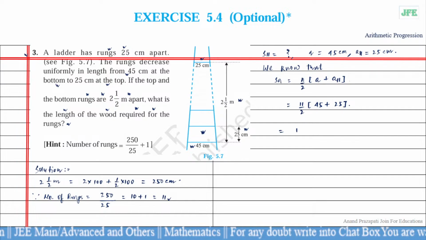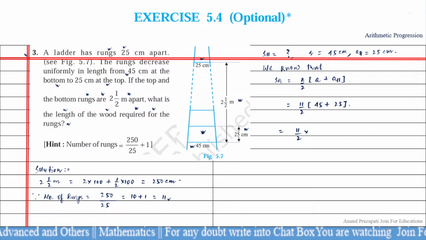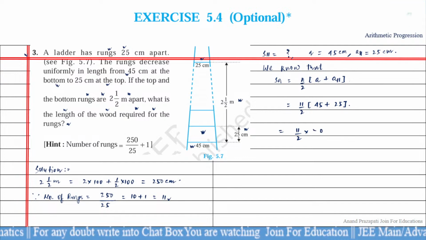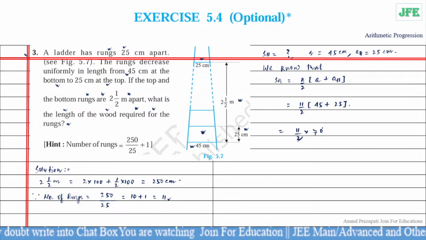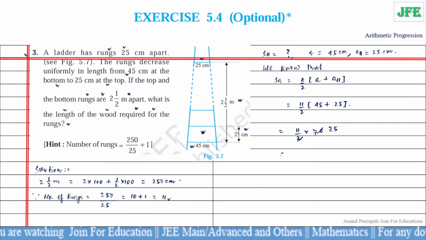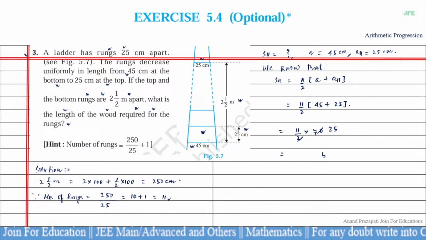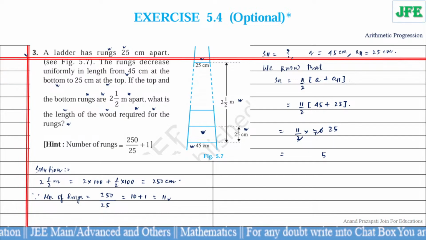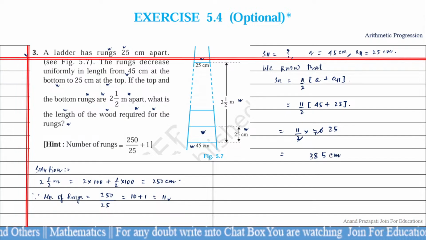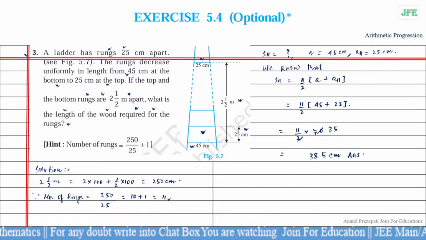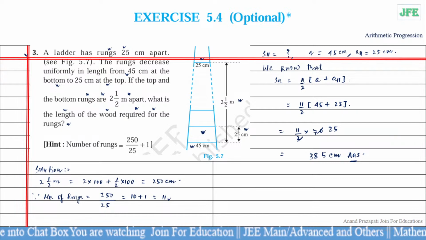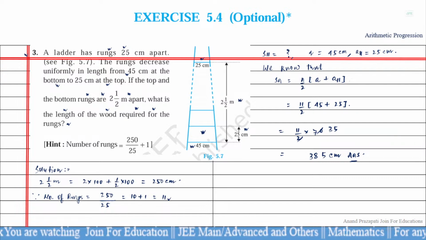Therefore here will be 11 by 2 into addition of these two, will be 70. 70 divided by 2, then we get 35. 35 multiplied by 11, then we get 385. So this one will be the answer of this question. Therefore length of the wood required for the rungs is 385 centimeter.